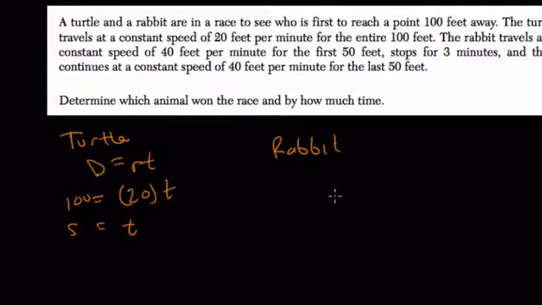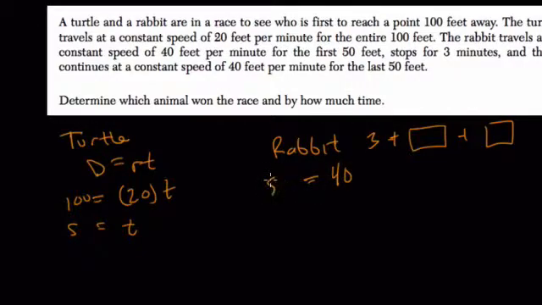Determine which animal won the race and by how much time. So the rabbit has 3 minutes to begin, of a rest, plus these 2 other times we're about to find. So the rabbit first travels at 40 feet per minute for the first 50 feet. So 40 times t equals 50. 50 divided by 40 is 5 divided by 4, which is 1 1/4, right? Or 1.25 minutes for the first leg.